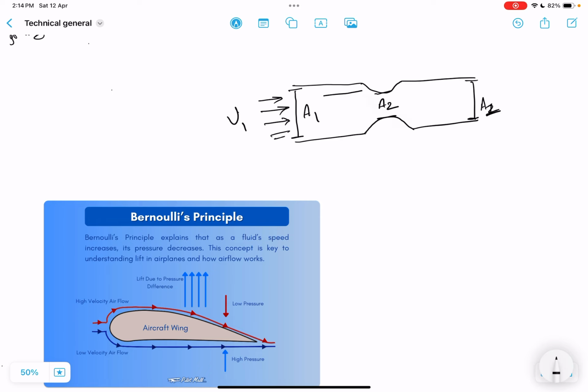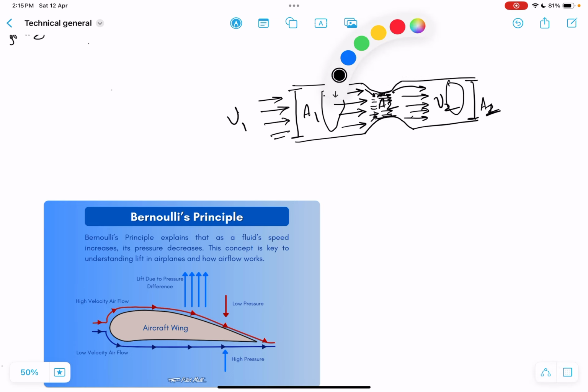Now when this area is reduced and the air molecules are coming along, they don't have any choice but to bend. And when they bend, it's going to create congestion over here. To resolve this, they'll start accelerating: I want to go first, I want to go first. In that process, what we get is a V2. Now this area and this area are similar, but this area is different.